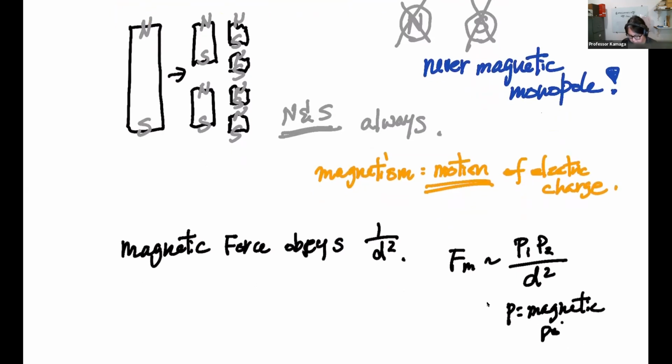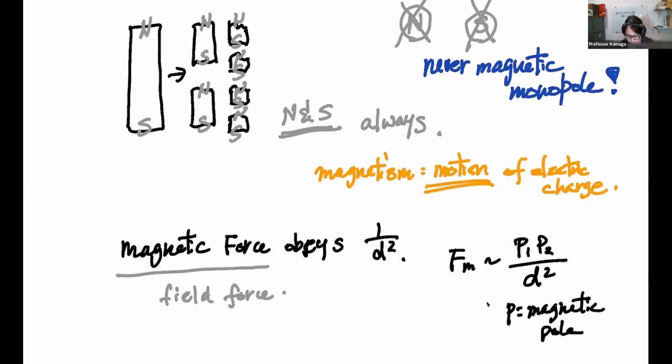So with a stronger magnetic pole, of course, you're going to have a bigger magnetic force. Newton's third law applies: the force on one magnet from the other is equal and opposite. D is the distance. So magnetic force is a non-contact force, a field force.